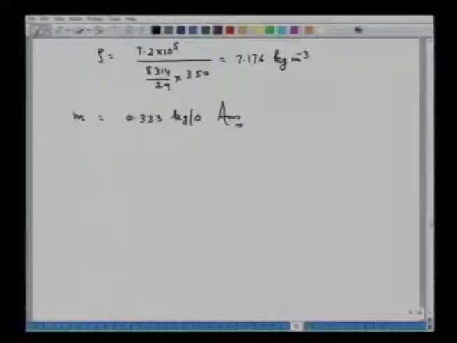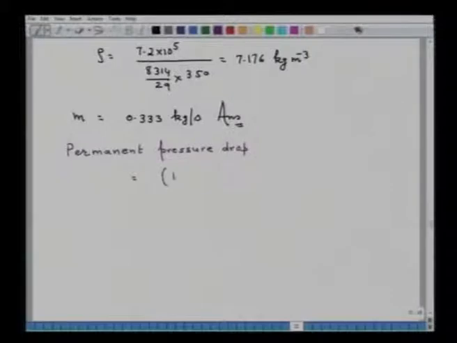So, that is why you call it permanent pressure drop, and permanent pressure drop is equal to, you recall the formula, 1 minus b square into P1 minus P2.